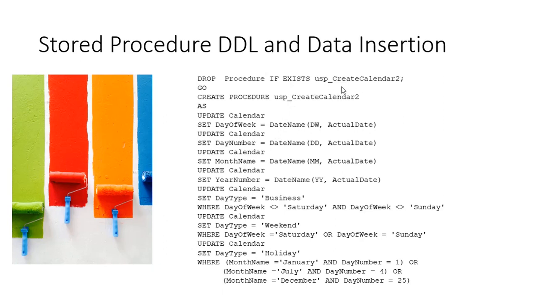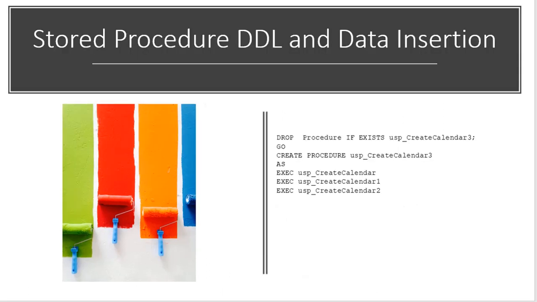So we run each of that section of code to create those 3 procedures. Finally, we do the fourth one, and it's called USP create calendar 3, and then it's create that procedure, execute the first one, execute the second one, execute the third one, and it runs.